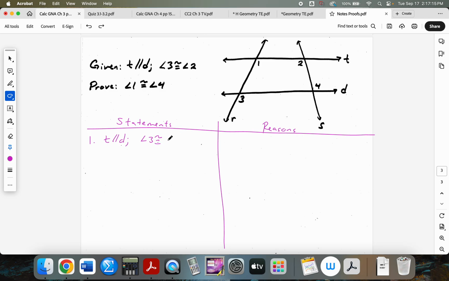What is it that we know at this point? The reason I know that it's true is because it was given to me as true. I'm going to mark the diagram before I go on to the next step. T and D are parallel, and angle 3 is congruent to angle 2.